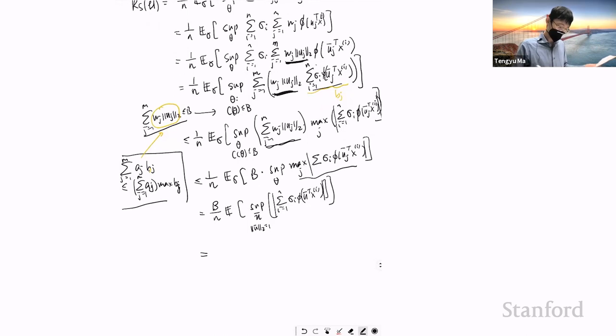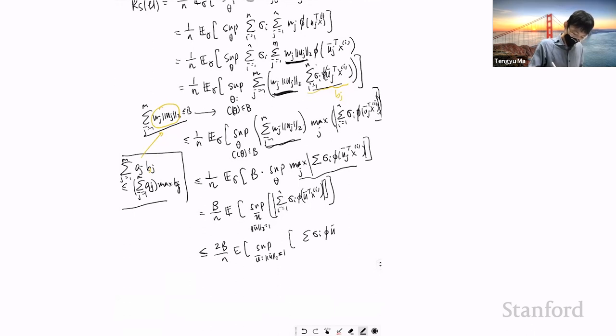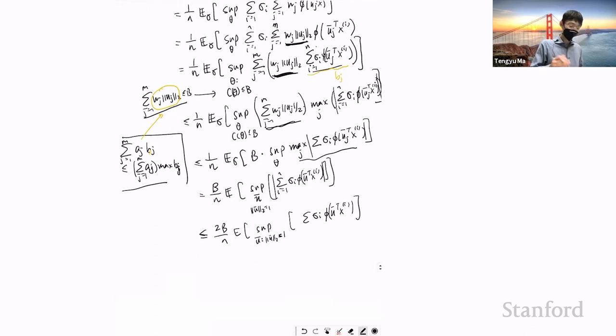So, and then this, I guess you probably also remember there's a step I skipped before where I removed the F's value by paying a factor 2. So you can do, this is less than this sup. Right, and all of these are exactly the same as before, and now you can remove the phi by the Lipschitz composition lemma, or the Talagrand lemma.